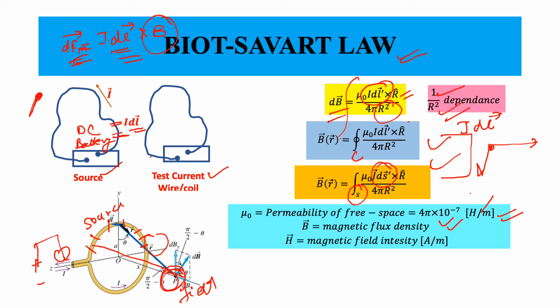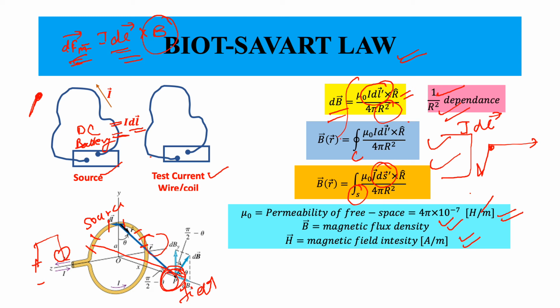This is actually related to another quantity that we will introduce later and discuss much more, called H. H is your magnetic field intensity. In most engineering literature, this is called magnetic field intensity, and it is measured in amperes per meter.